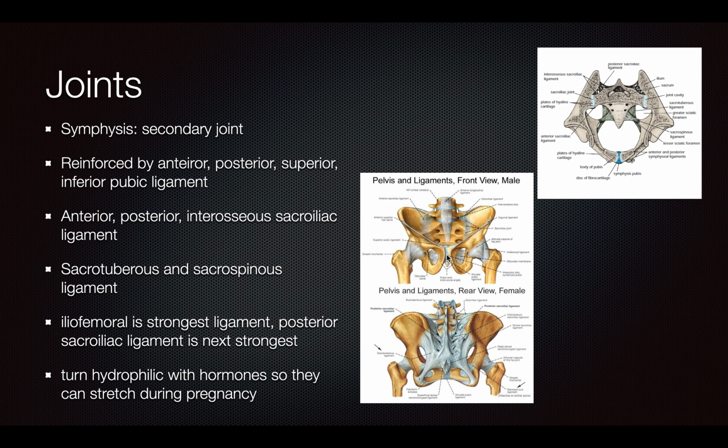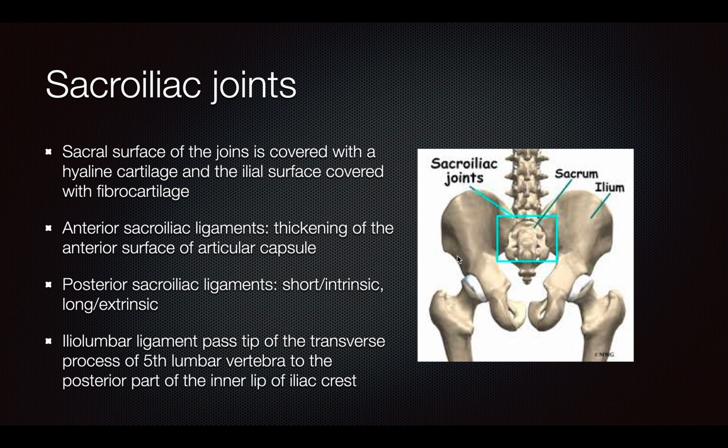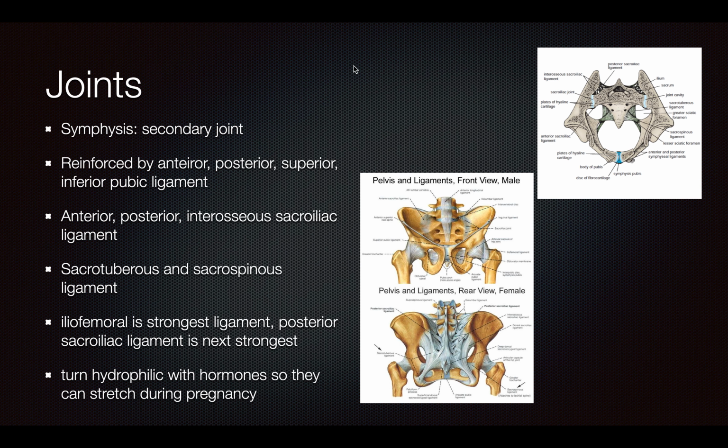The other thing to note is that it is reinforced by the anterior, posterior, superior, and inferior pubic ligaments. So this is a very strong attachment. It takes quite a bit of trauma in order for this to be displaced.